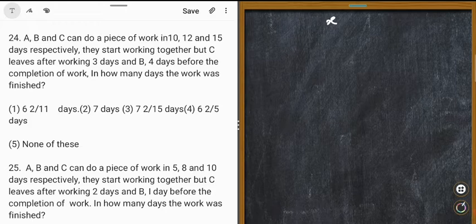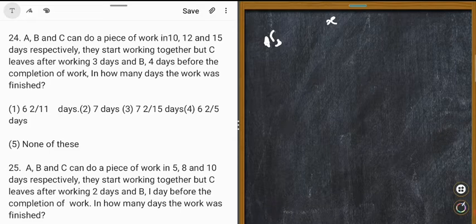Suppose the work is completed in X days. That means A worked for X days. The question says A completes the work in 10 days.